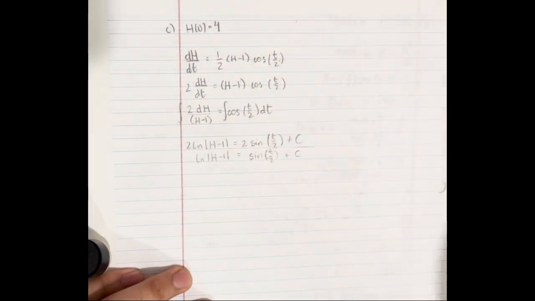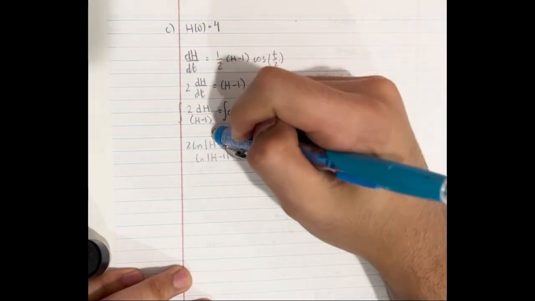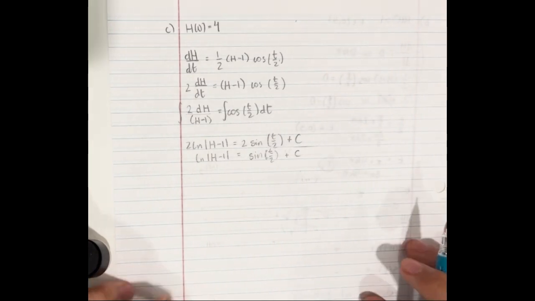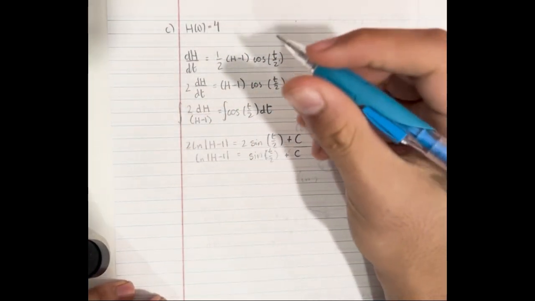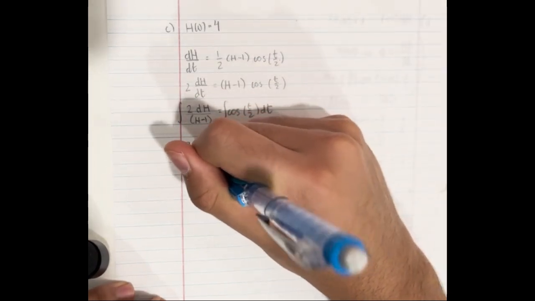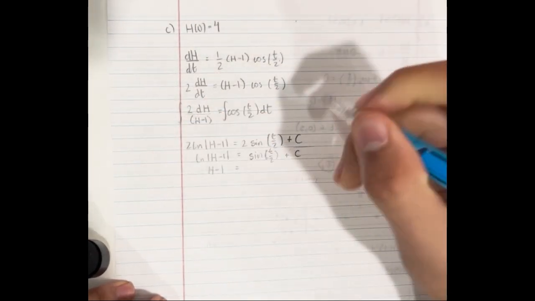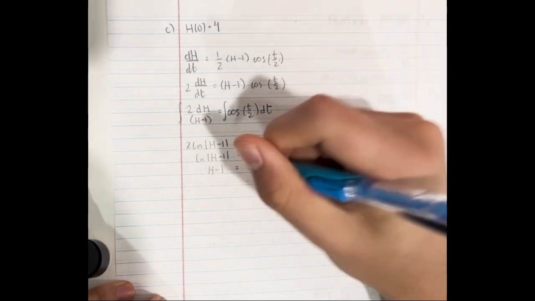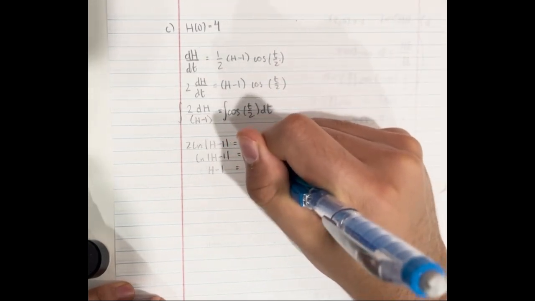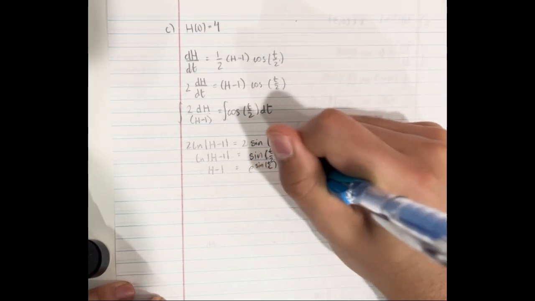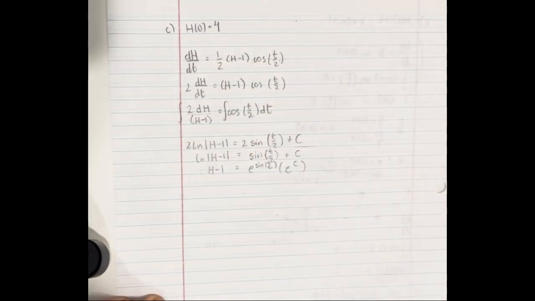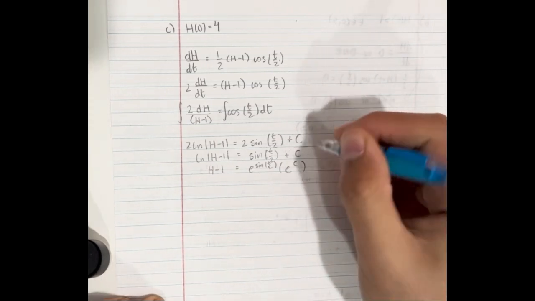Then I'm going to take both sides of the equation and raise e to both sides of the equation. So then I'm going to get h minus 1 equals e to the sine t over 2 times e to the c. Write that as e to the sine t over 2. Like here, let me show you.